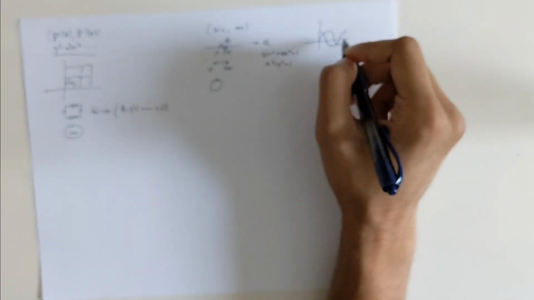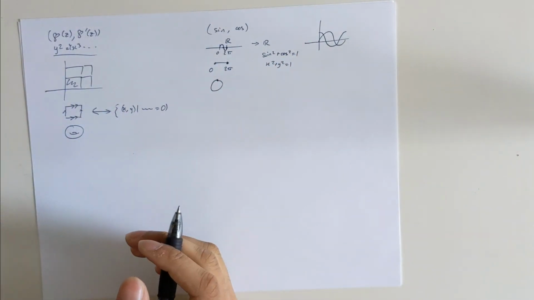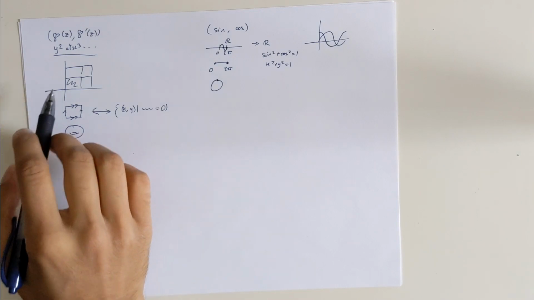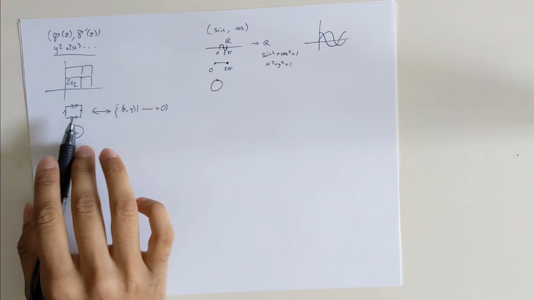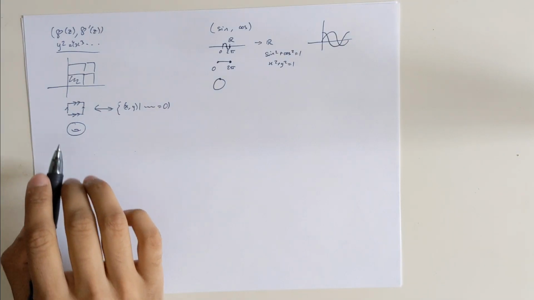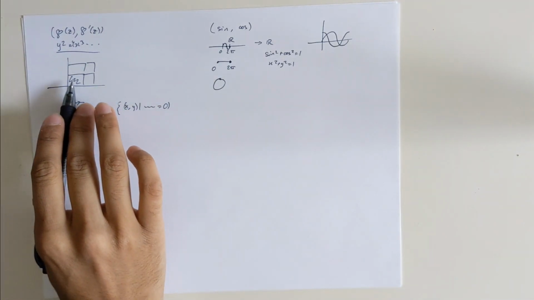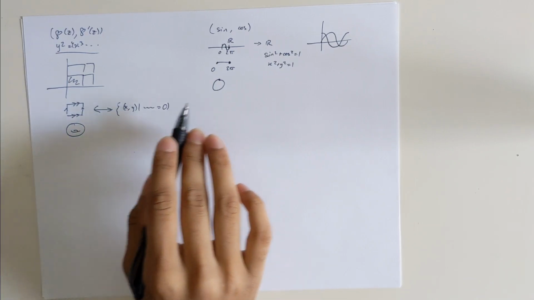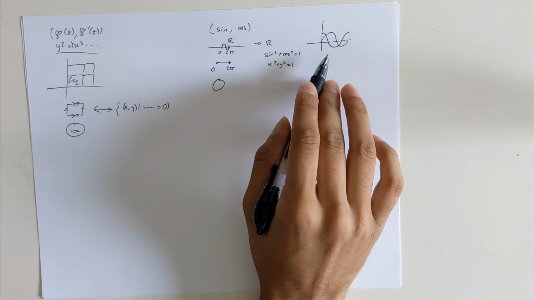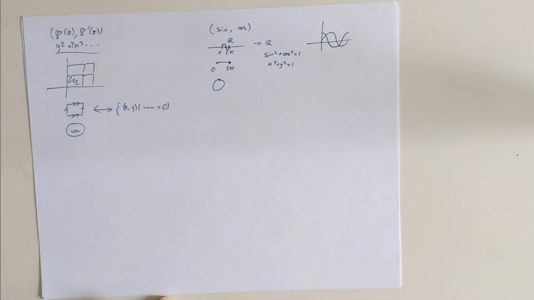So these two functions are able to separate any points on the interval. And similarly over here, p and p prime are able to separate any two points on this fundamental domain unit square. And so this sets up a one-to-one correspondence from the unit square to the solutions to this equation, similar to how this sets up a one-to-one correspondence between the interval with endpoints identified and the solutions to the equation of the circle.